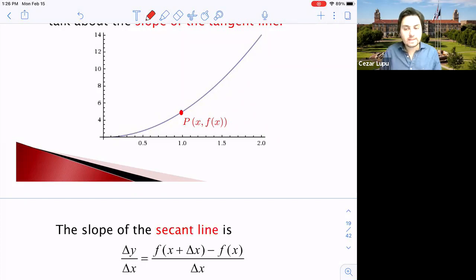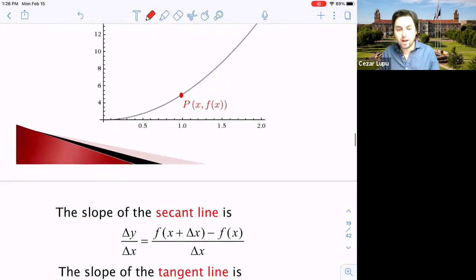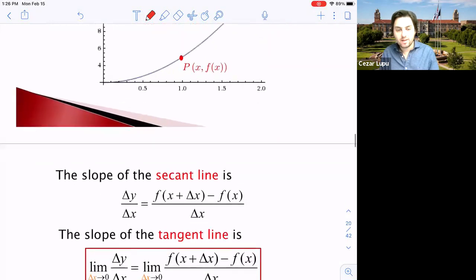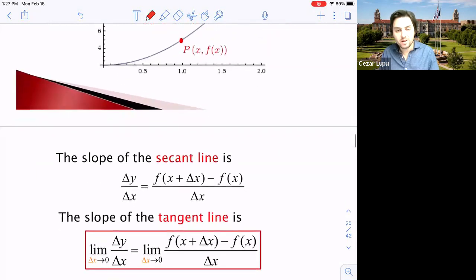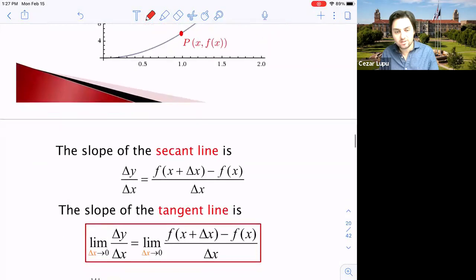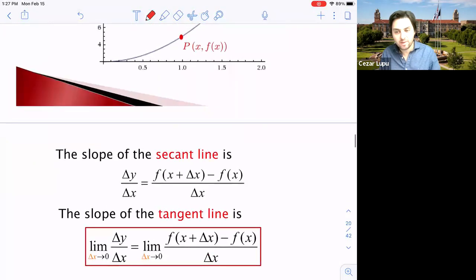And now let's see what the slope of the tangent line is. Look at both of them and try to spot the difference. So what is the difference between the slope of the secant line and the slope of the tangent line?